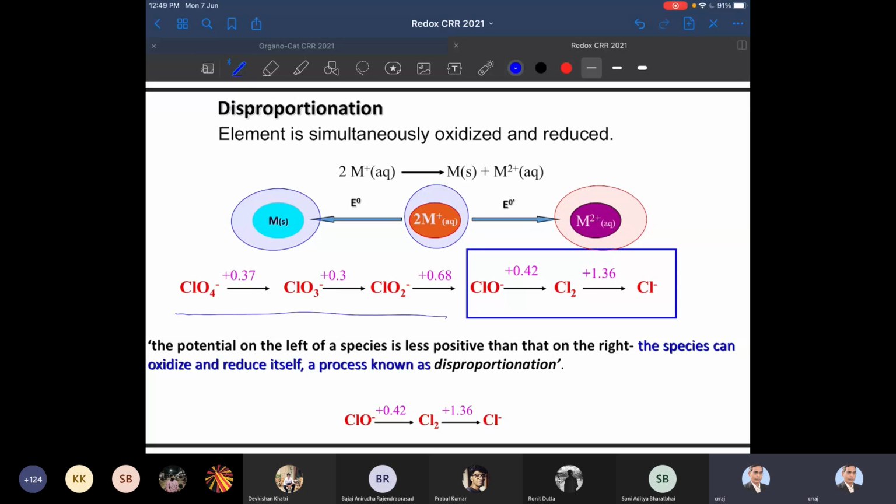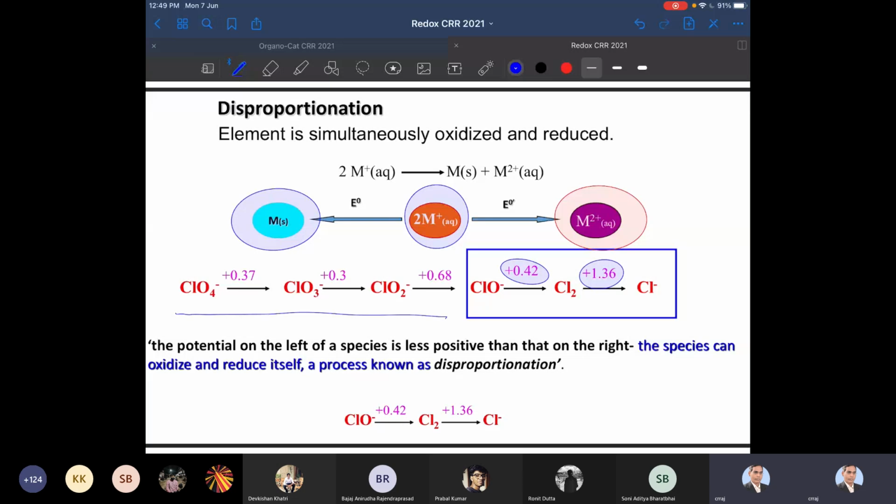What do you need to remember? Look here. Cl2 to Cl minus is 1.36. That is higher than the left hand side potential, that is ClO minus to Cl2. If this is the case, what is the case?